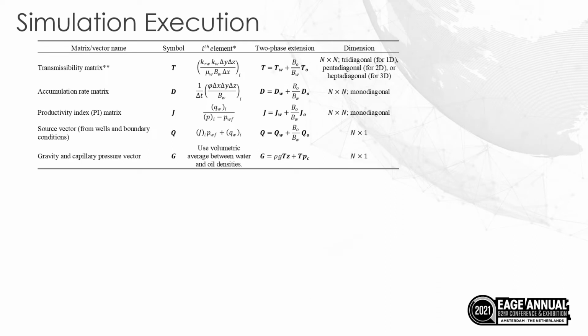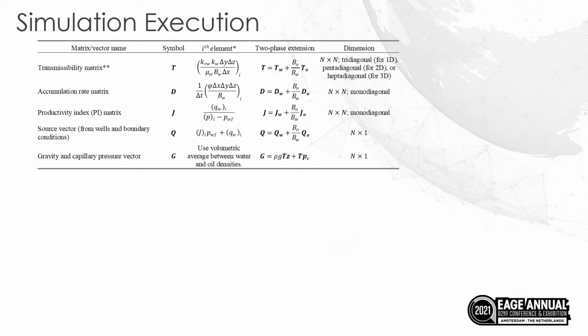For the simulation execution, we have some intermediate parameters, like the transmissibility matrix, which measures the ability to transmit fluid from one node to another.